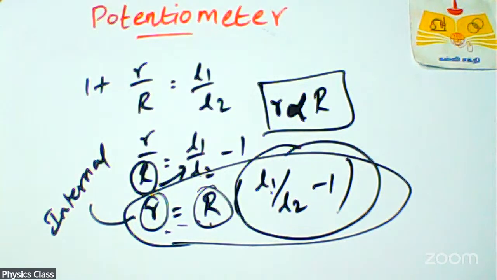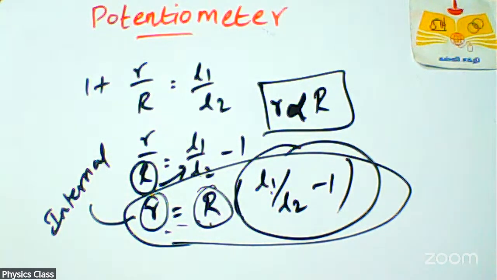Then the next case, the internal resistance of the cell. In this case, we can replace the two cells by one cell, because only one cell is enough, as that cell's internal resistance is to be determined. But in that case, there is a resistance box connected across the EMF. That resistance is very important, because internal resistance depends on that external resistance.